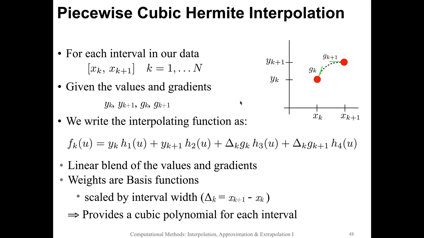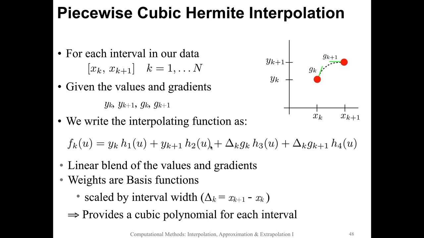So we can actually use our Hermite basis functions that we defined on the previous slides to write out an interpolating function for our data. It's written out as a blend of our values, our y's, and our gradients, our g's. And these values and gradients are weighted by our basis functions. It's as simple as that.